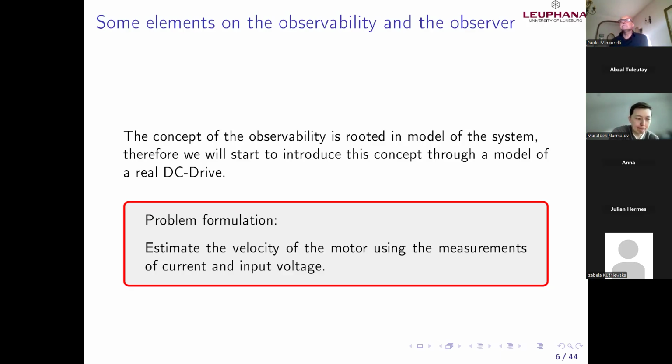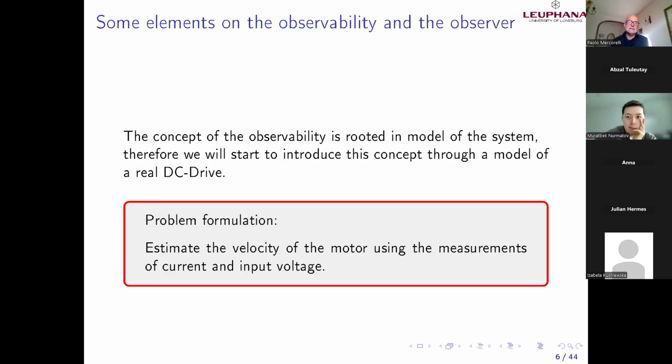Biological means population dynamics very often, but not only. Sometimes we are able also to estimate, let me say, the concentration of chemical reactions. I'm not an expert on this. But let me consider a DC drive. For engineers, it's easy to understand. For non-engineers, a little bit boring. But the goal is not to clarify the DC drive, it is to introduce the concept of the system, what is an input, what is an output, what is the model, in particular dynamical models.